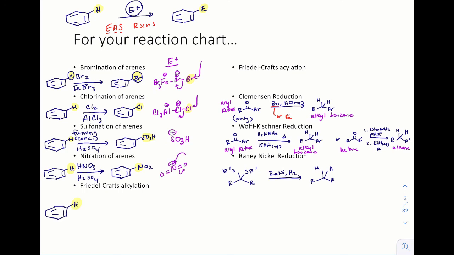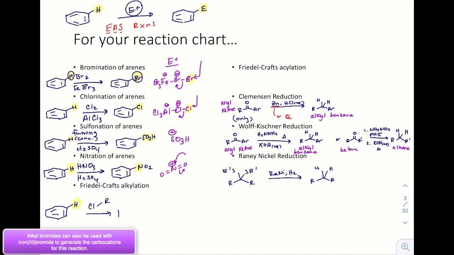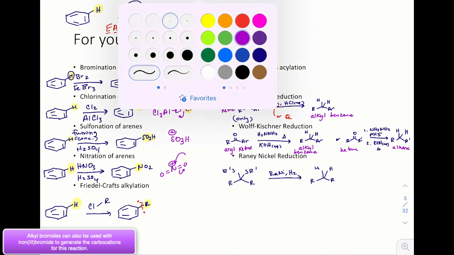And the real focus of the majority of the lecture really was on the Friedel-Crafts alkylation and the Friedel-Crafts acylation. And that's just because these reactions generate carbon-carbon bonds. And in thinking about organic molecules, they are made out of carbon primarily. So reactions that generate carbon-carbon bonds are often very important and the ones that we focus on.